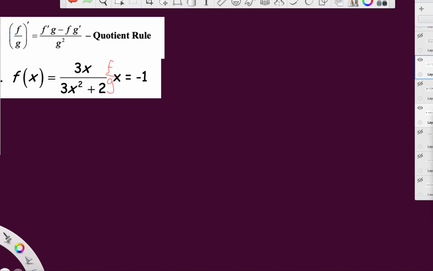All right, great. Here we go. F prime of x equals the derivative of the top, which is 3, times the bottom, 3x squared plus 2, minus the top, 3x, times the derivative of the bottom, which is 6x.